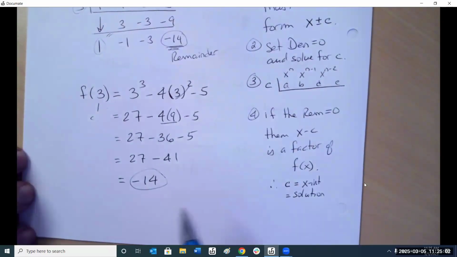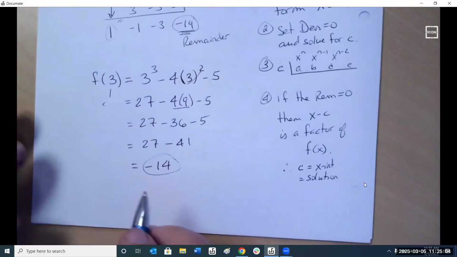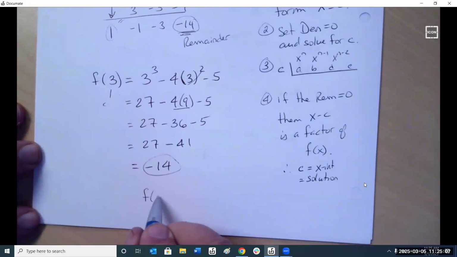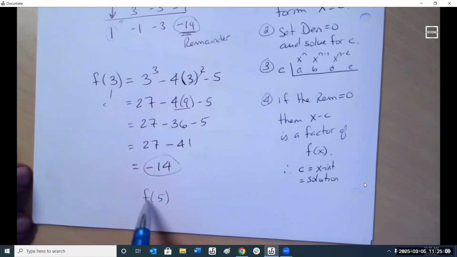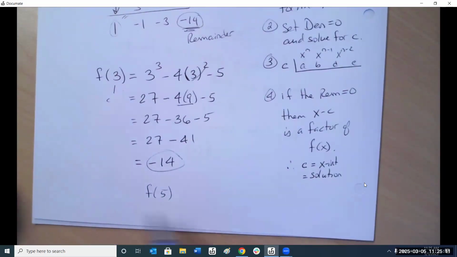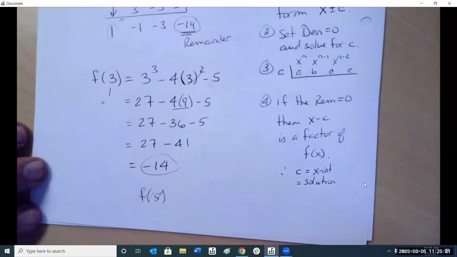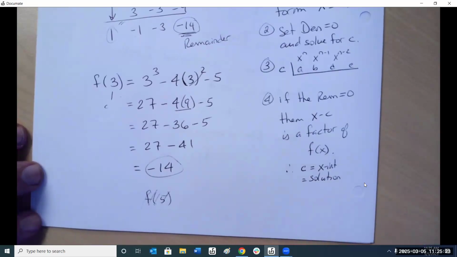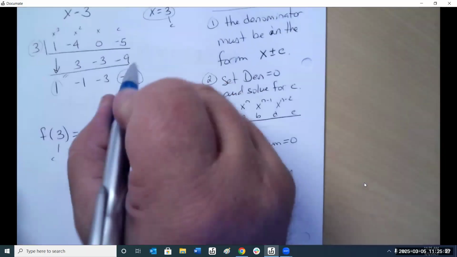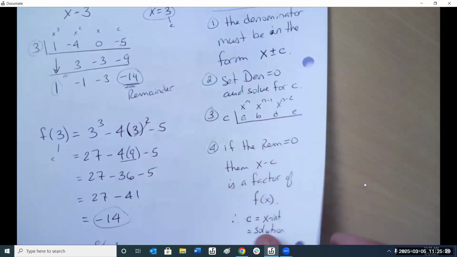So if you ever get in another class and you're given a function and asked to find that value, don't plug it in the equation, put it in synthetic division. It's much faster. So we just ask for the remainder. The remainder is -14.